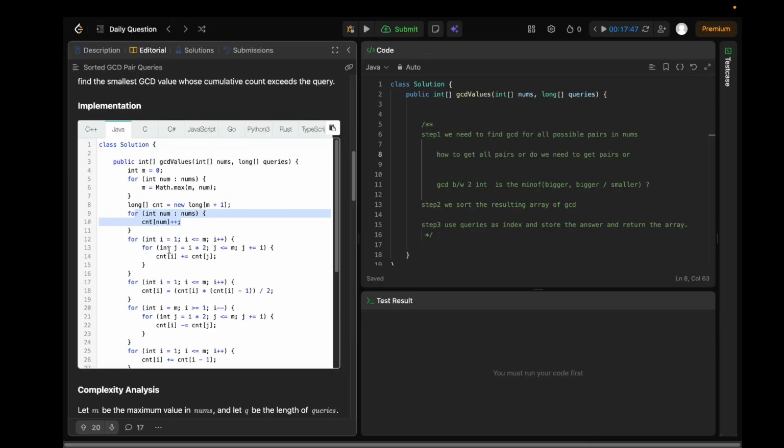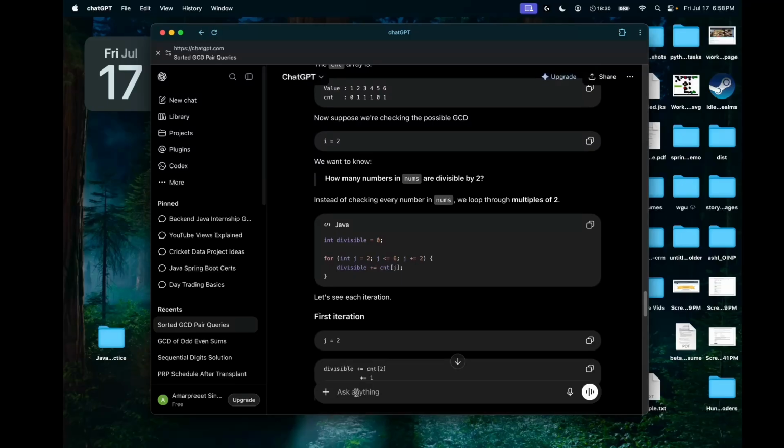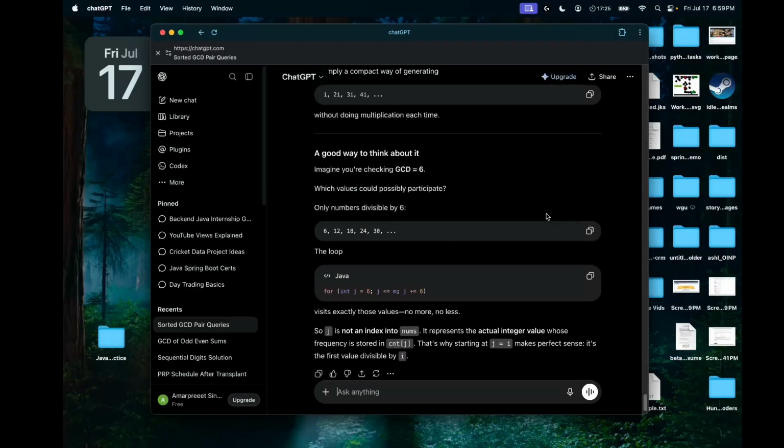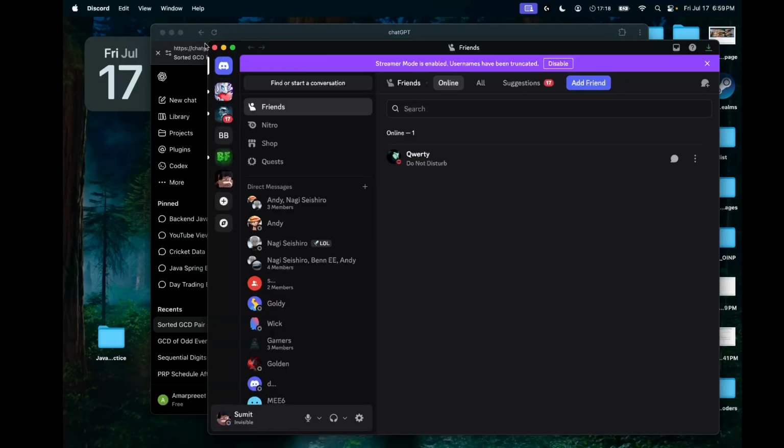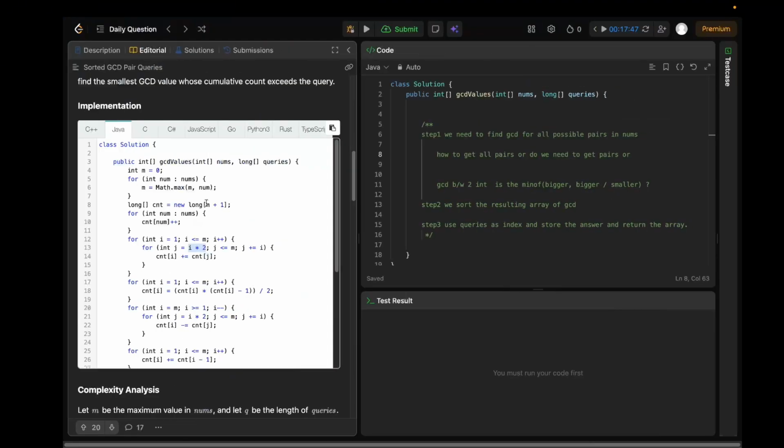But why do we initialize j to I star 2? Why do we start at 2I? Suppose we want the count. When we start, we want j to start at the next possible multiple. So count of I plus equals count of j, for I less than or equal to m.